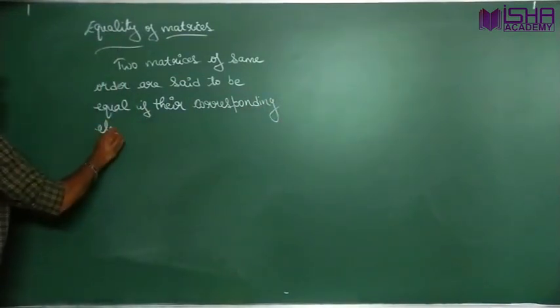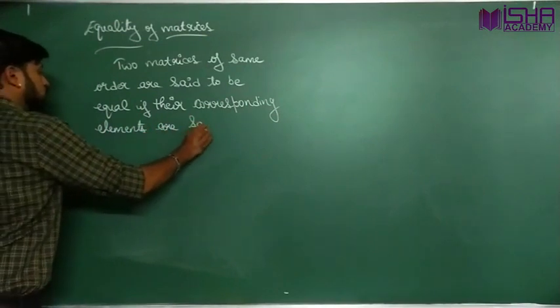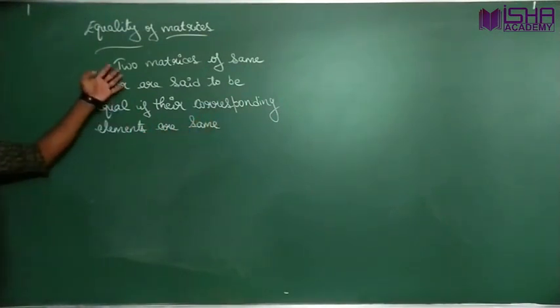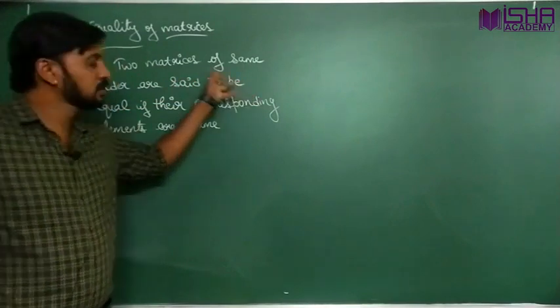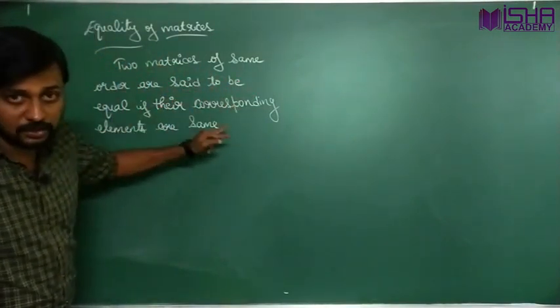So two matrices of the same order are said to be equal only if their corresponding elements are equal or same.